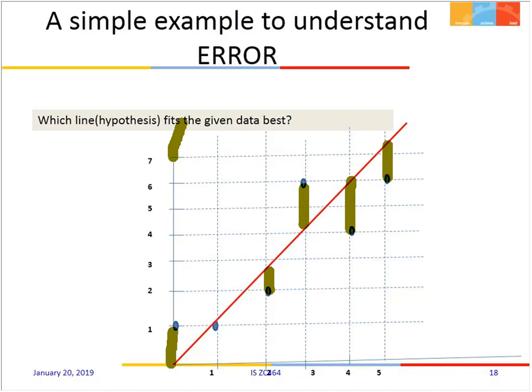Now, the point where the perpendicular on the x-axis drawn from these points intersects the red line, corresponding to that point, whatever value of y we are getting, this is the predicted value. How do we view the predicted value?